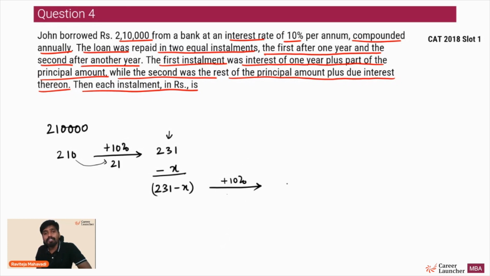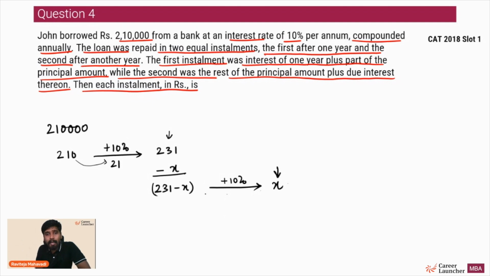And what should it become? Please understand, if you want to get the loan cleared after the second year, that means the second year's installment itself should be equal to the outstanding amount.